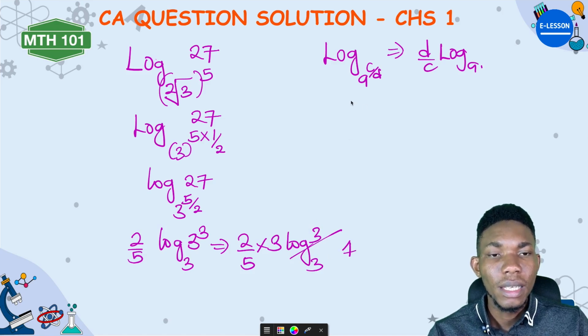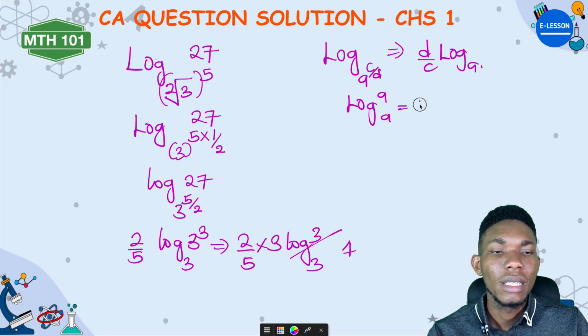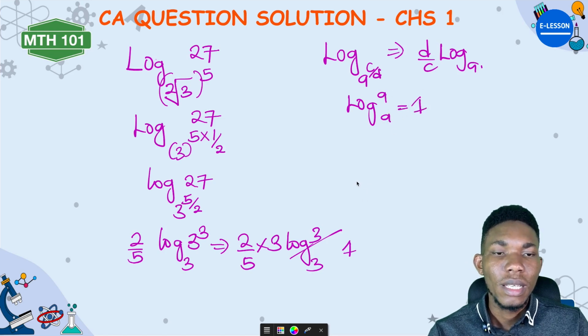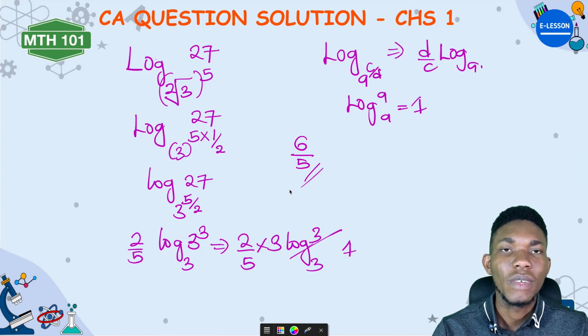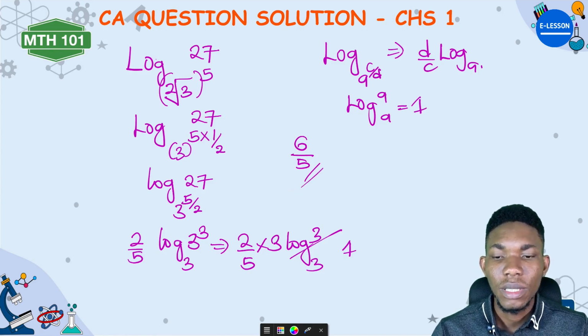Because there's a law of logarithm that says log A over A is 1. Is that okay? So 3 over 3 is 1. So 3 times 2 will give us what, my dear student? 6 over 5. That is the numerator. So the correct answer here is 6 over 5. And that is that for this question.